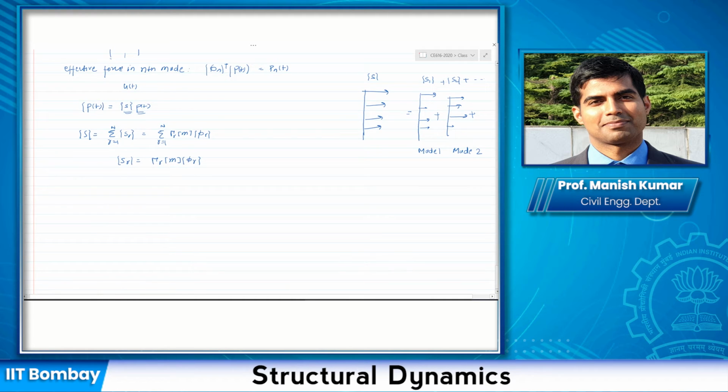A question might be: how can I directly write this equal to this much?